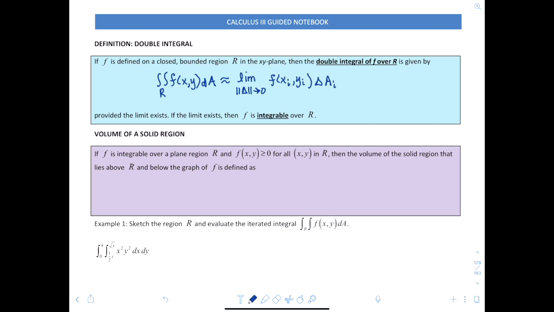As that happens, of course, you're going to get infinitely many more of these subintervals. If this limit exists, then f is integrable over R.